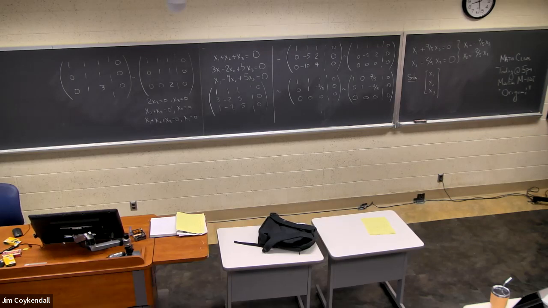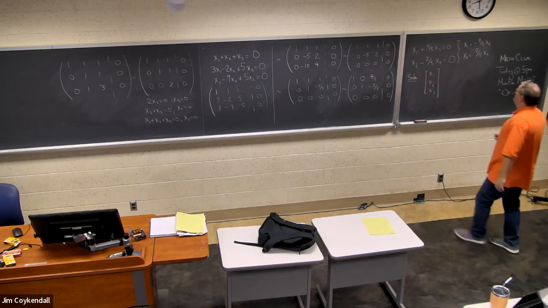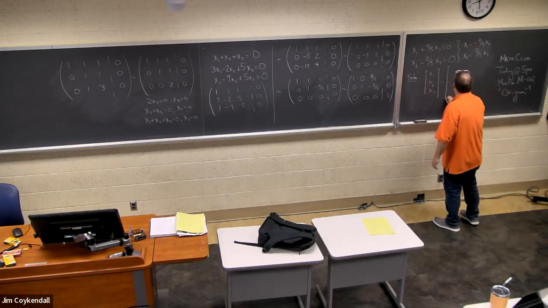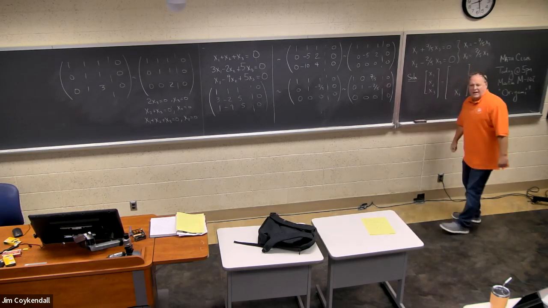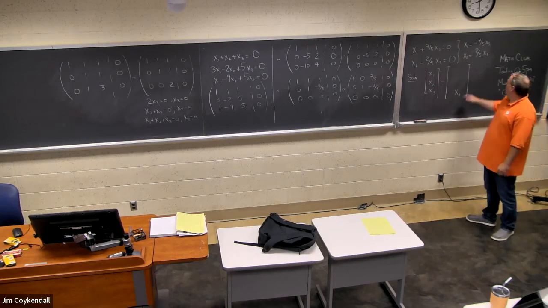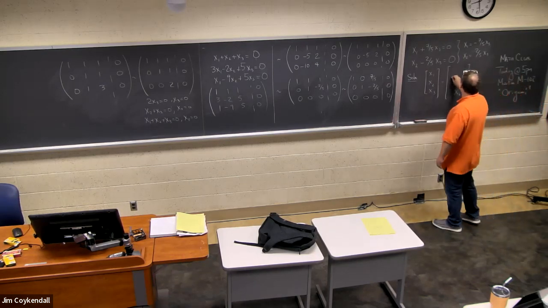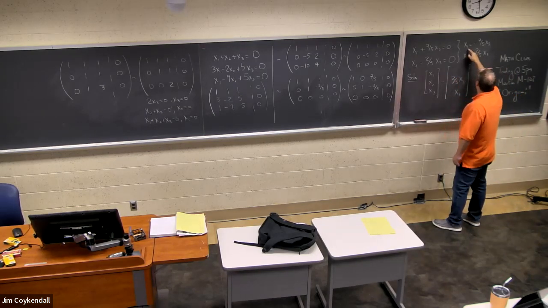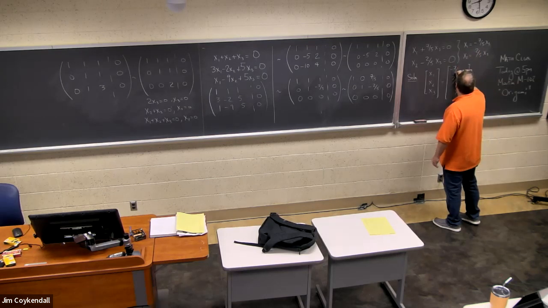However, the equations tell me everything I need to know. x3 was the free variable. It can be anything I want. So x2 is 2/5 of x3, and x1 is minus 7/5 of x3.